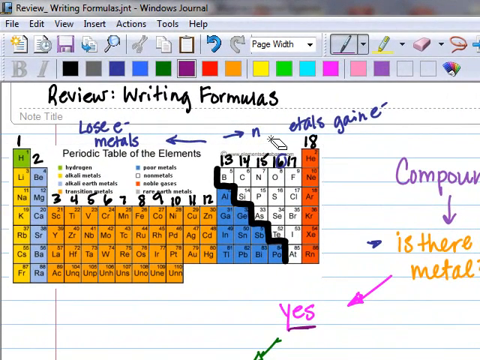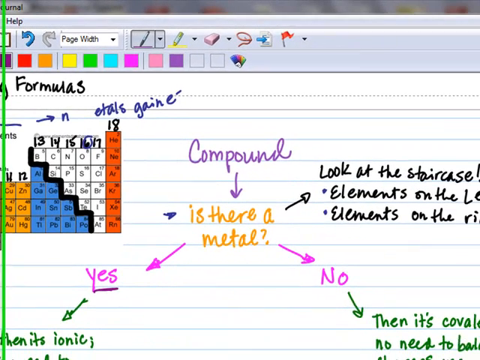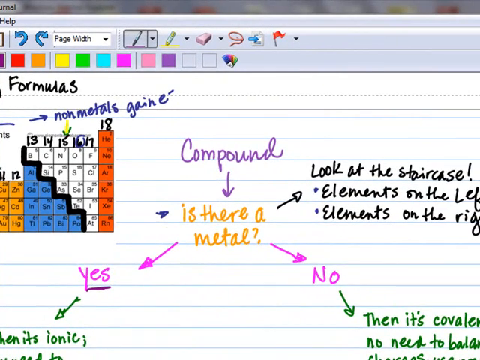But there's also some others that you are going to come across as well. For instance, what if we just had the word bromine?